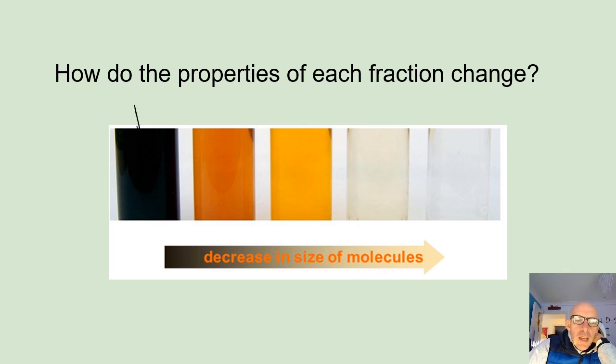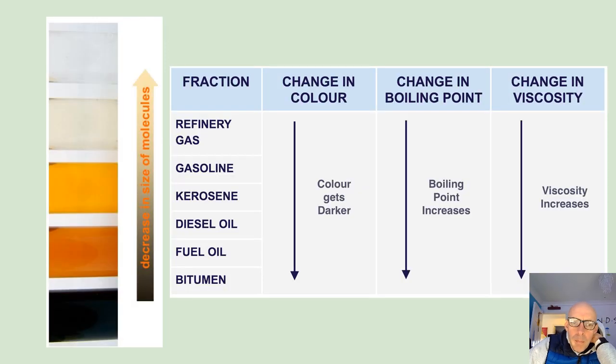Here's our thick black bitumen. Here's our heavy fuel oil, our diesel. Here is our naphtha or kerosene, and here's our petrol. So it's not just the size of the chains and the boiling points that change, also the thickness and the colour. So this sort of sums up what we've done.